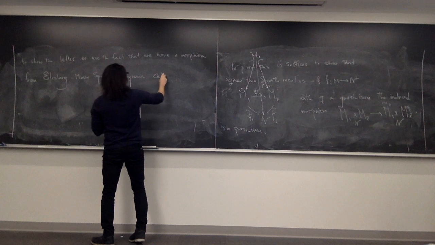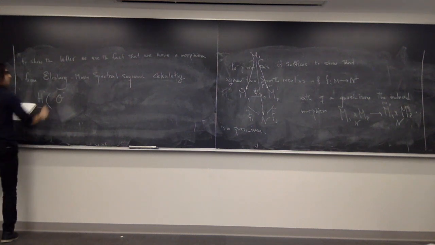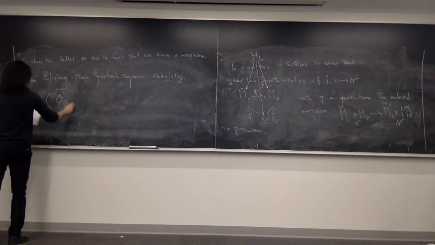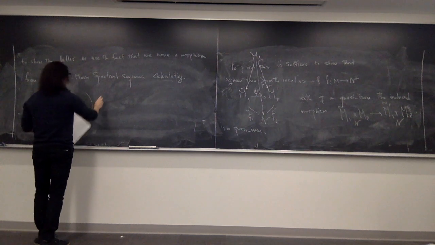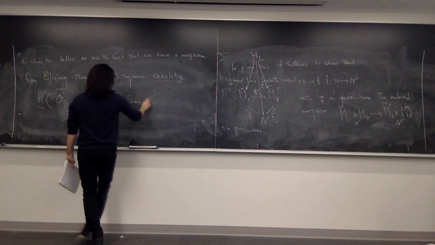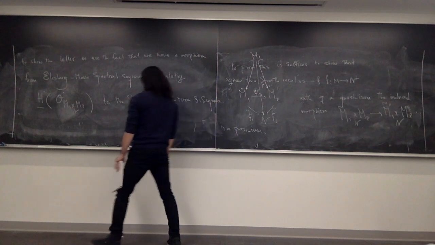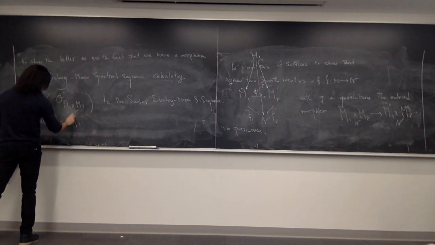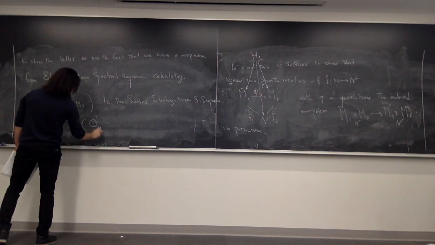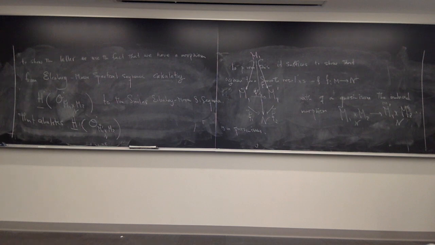calculating homology of the DG algebra of M1 tilde times M2 over N. And we get a morphism from the Eilenberg-Moore spectral sequence that calculates this one to the similar Eilenberg-Moore spectral sequence that calculates cohomology of, well, the other one, O of M1 prime tilde times M2 over N. Okay.